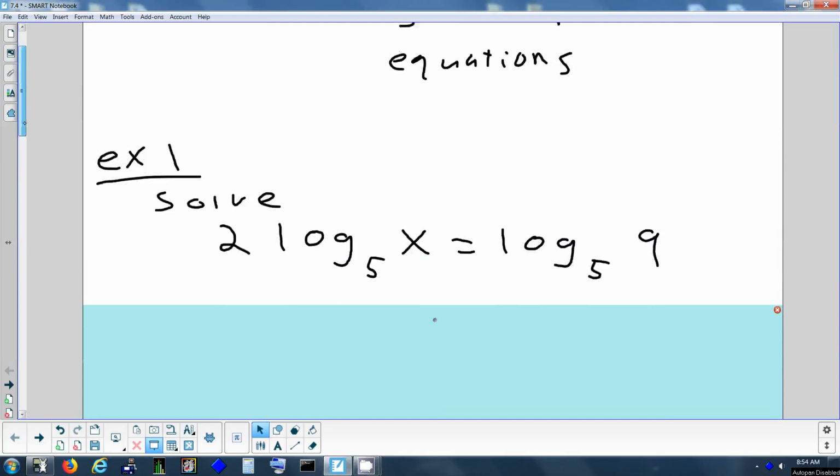Okay, so let's start with this one. It says 2 log base 5 of x equals log base 5 of 9. When we're looking at those equations, we're trying to make what's on the left match what's on the right. That's what equals means. Is there anything there that already matches?